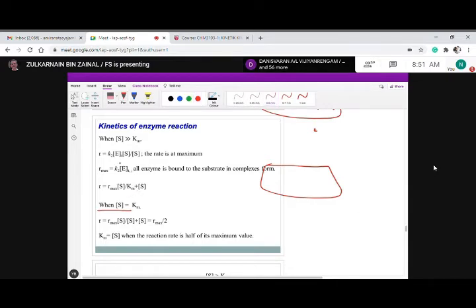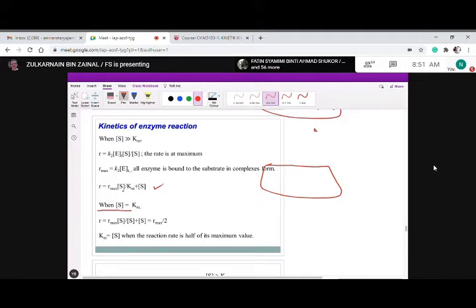So then you can rewrite the Michaelis-Menten equation in this form, where you have replaced K2 ET with R max.